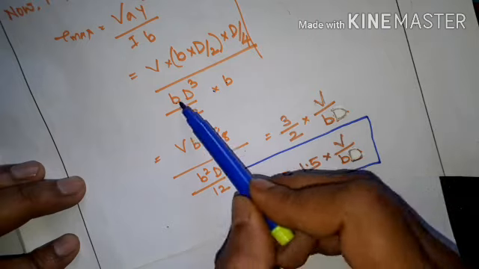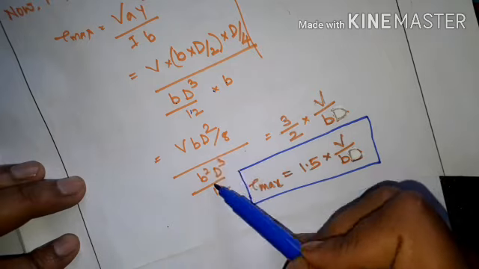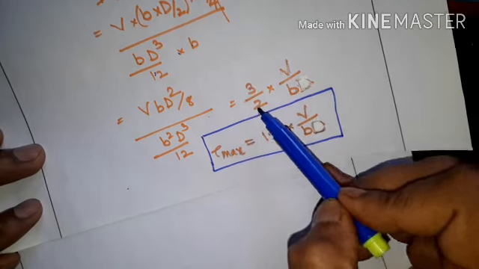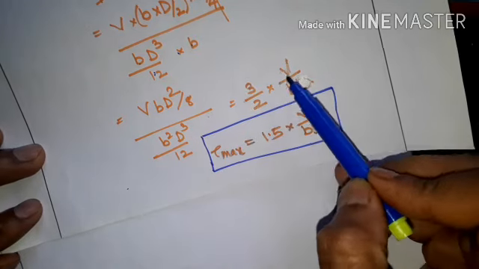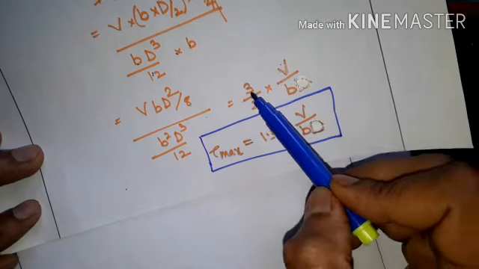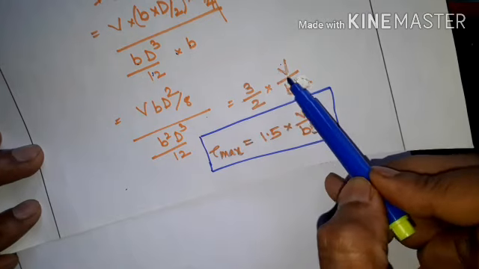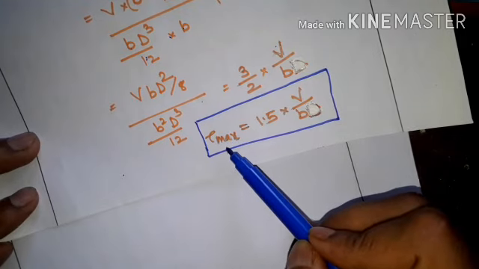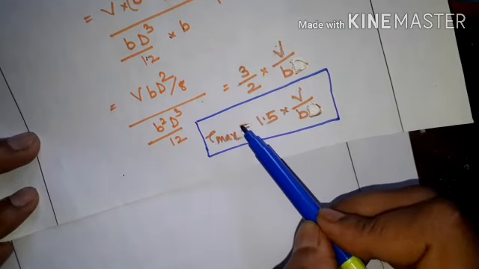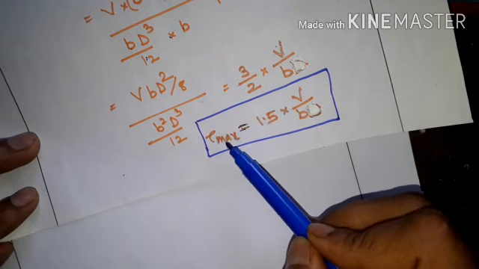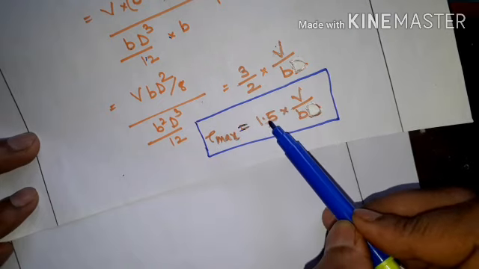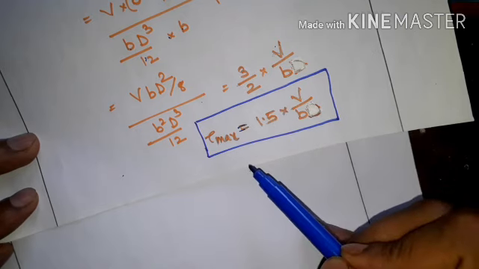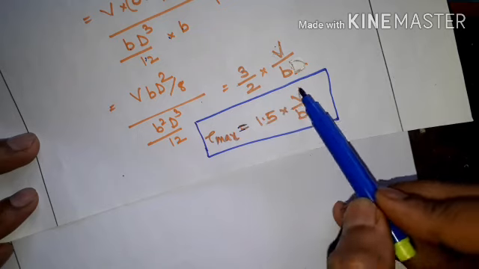Therefore, it will be 3 by 2 into V by B D. So the maximum shear stress in a rectangular section, we directly take as tau max equal to 1.5 times V by B D. Understood? 1.5 times V by B D.